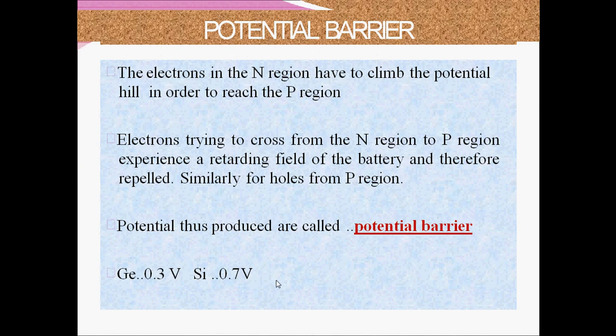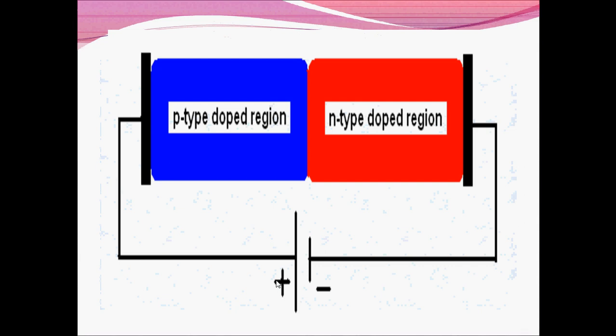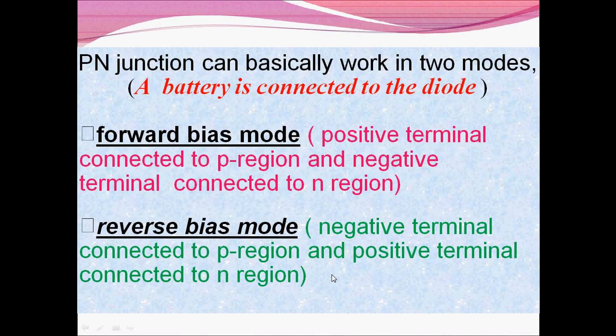The potential thus produced is called the potential barrier. For germanium semiconductors it is 0.3 volt and for silicon semiconducting materials it is 0.7 volt. We can see from the diagram the P-type doped region is connected to the positive terminal of the battery and the N-type doped region is connected to the negative terminal of the battery.